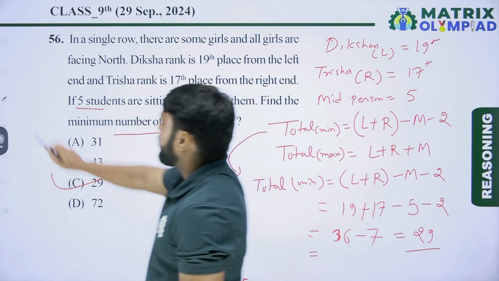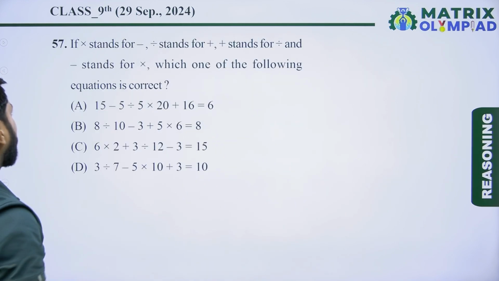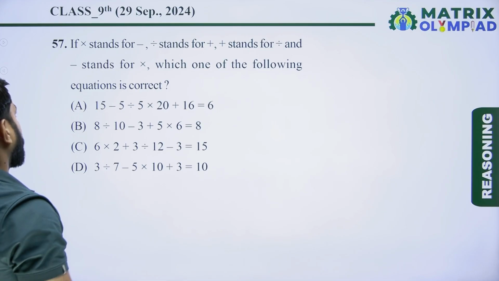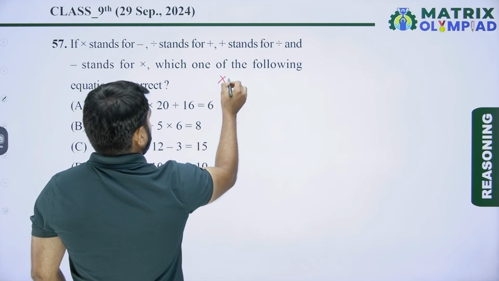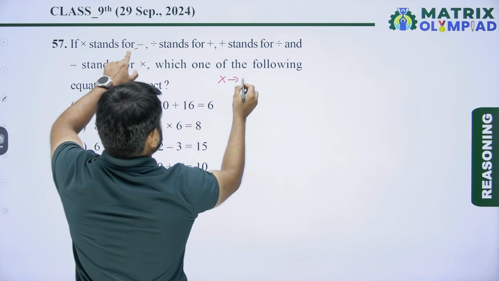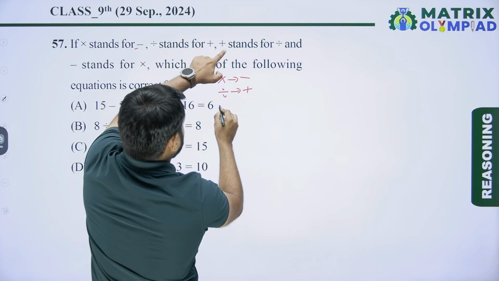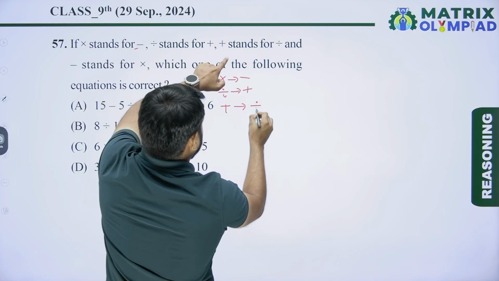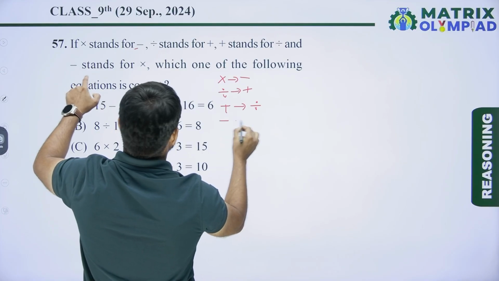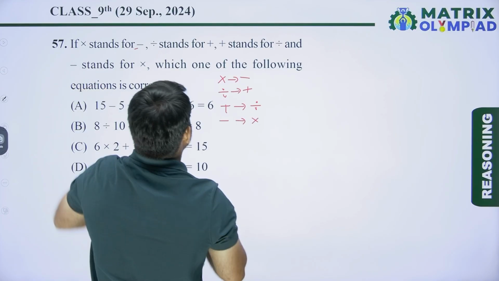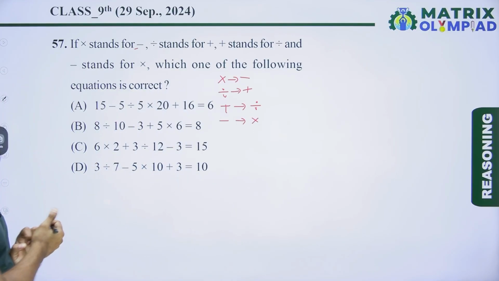Let's move on to the next question. Question number 57. If multiply stands for minus, divide stands for plus, plus stands for divide, and minus stands for multiply, which one of the following equations is correct?